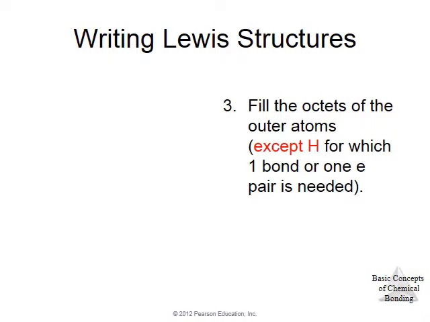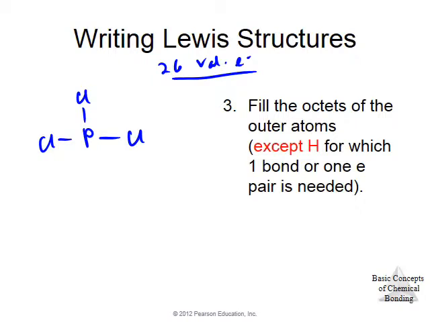Now you need to fill the outer atoms with noble gas configuration. So let's write down Cl, Cl, Cl. Remember, we had 26 valence electrons, and we are going to account for that. Now we are going to work on the outer atoms.